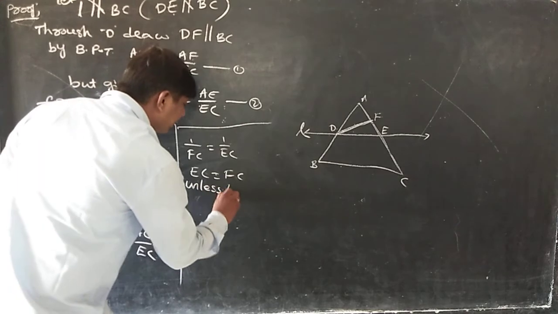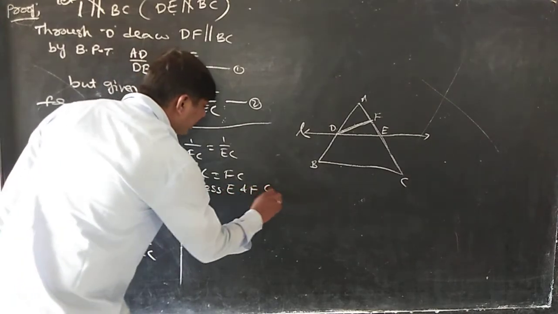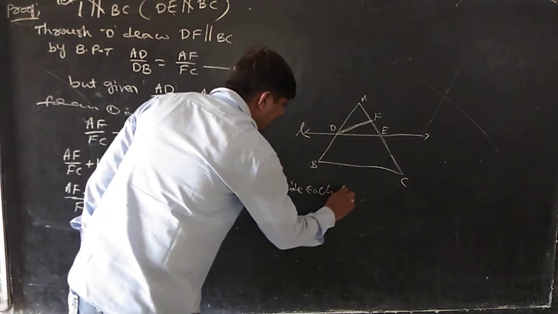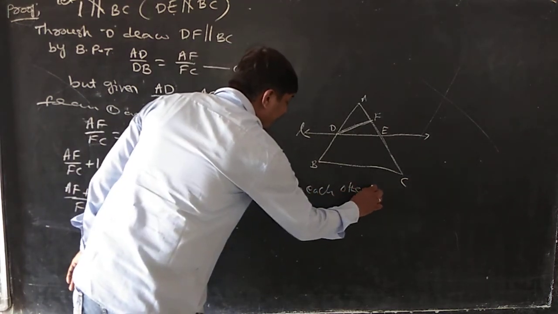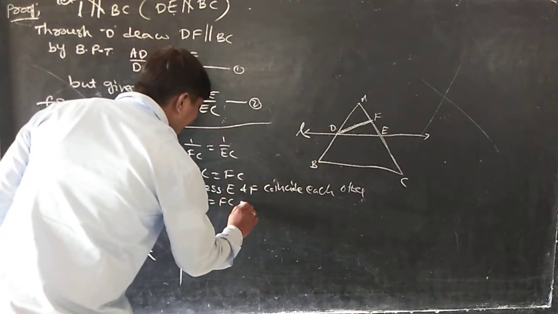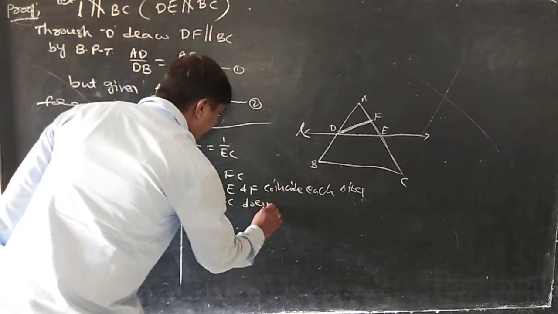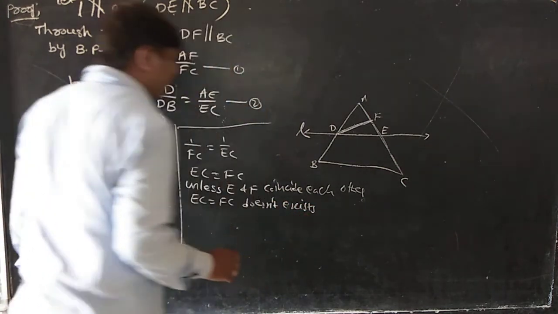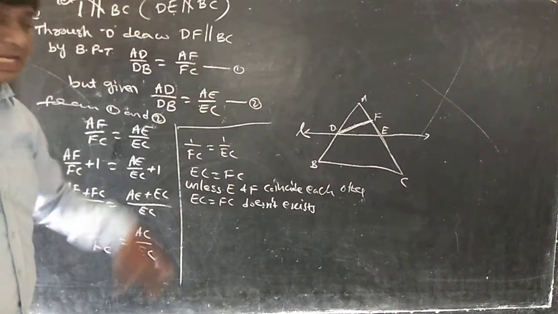Unless E and F coincide with each other, EC is equal to FC does not exist. That means my assumption is false.